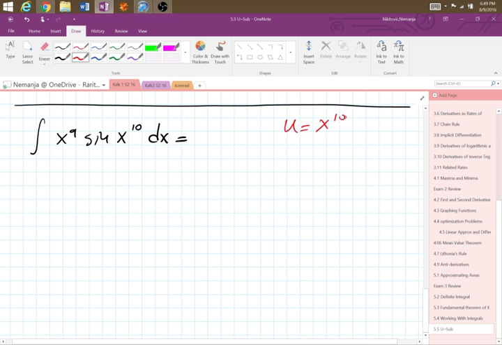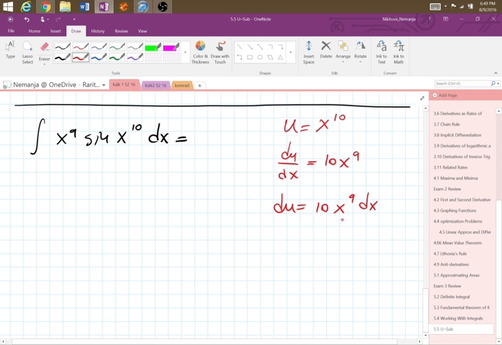Its derivative, du over dx, is going to be 10x to the 9. And maybe you are already ready to start skipping from the first step into the differential, because this dx will always end up on the right anyway.